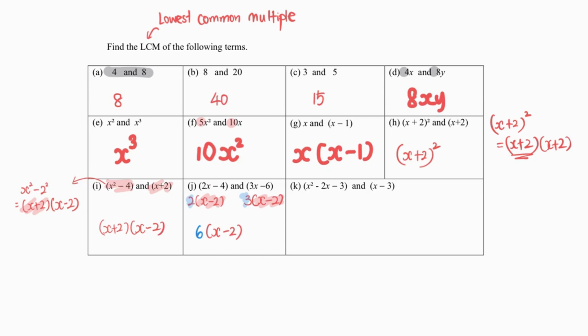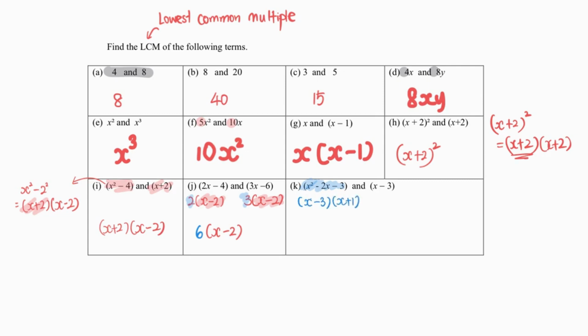And moving on, again, you now see the pattern that we do have to factorize. And when you factorize this, you should get x minus 3, x plus 1.